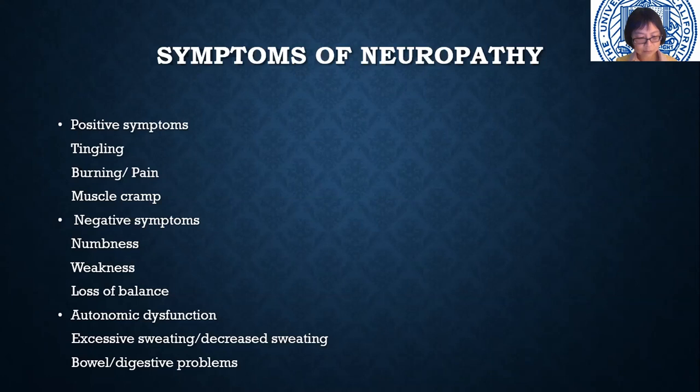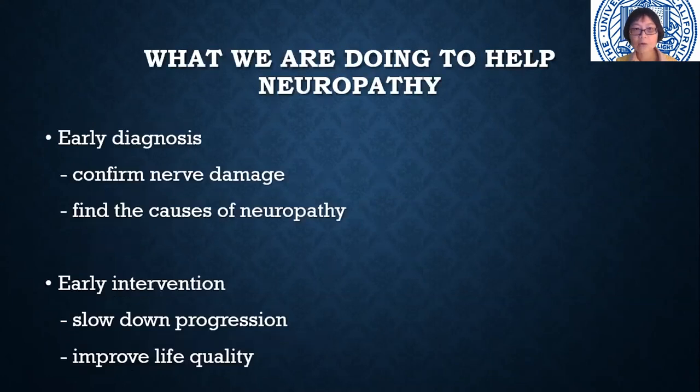So that is why it is important for us to visit doctors whenever we have symptoms that could be neuropathy. We want to achieve early diagnosis to confirm those symptoms are caused by nerve damage, and we would also like to find the cause of the neuropathy.